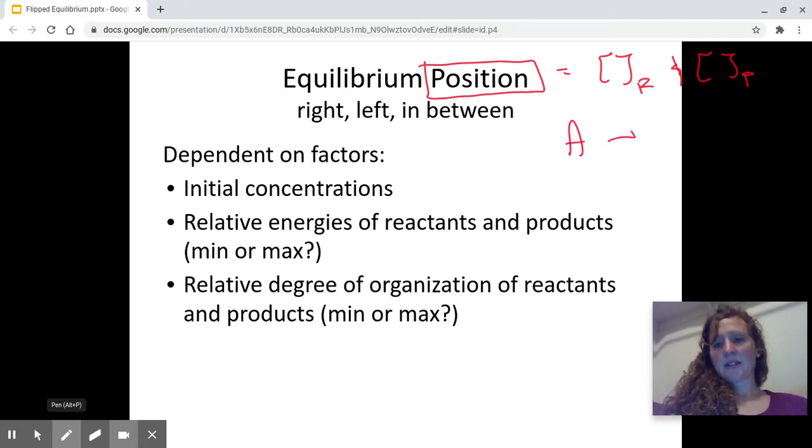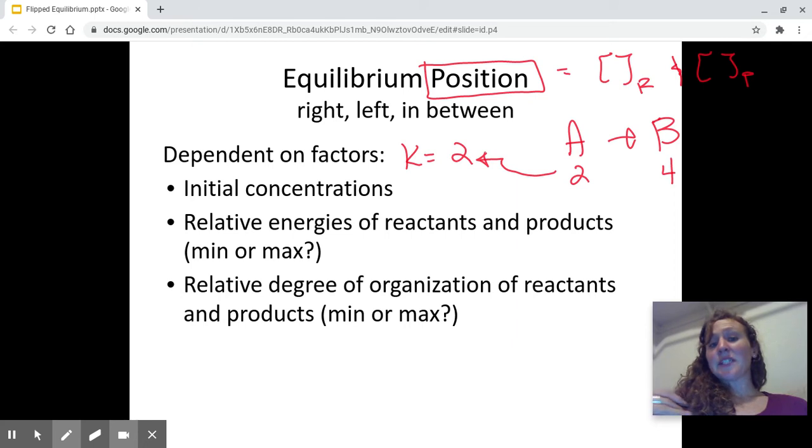Let's say we go back to this simplified reaction of A goes to B, right? Our K, our law of mass action, is going to be equal to 2. So we could have a scenario where we have equilibrium positions of 4 molar B to 2 molar A. This would satisfy our ratio.